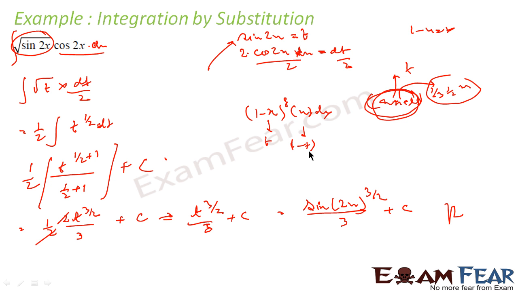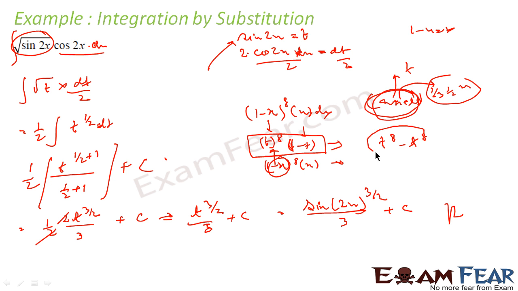They become 1 minus t. t to the power 8 into 1 minus t is easy to find, and 1 minus x to the power 8 into x is difficult to find. If you compare these two, t to the power 8 into 1 minus t is easy to find. This is nothing but t to the power 8 minus t to the power 9, right? But this guy is difficult to find because here we have to find 1 minus x to the power 8. It's difficult, so we generally take this guy as t. So this becomes a simpler equation.